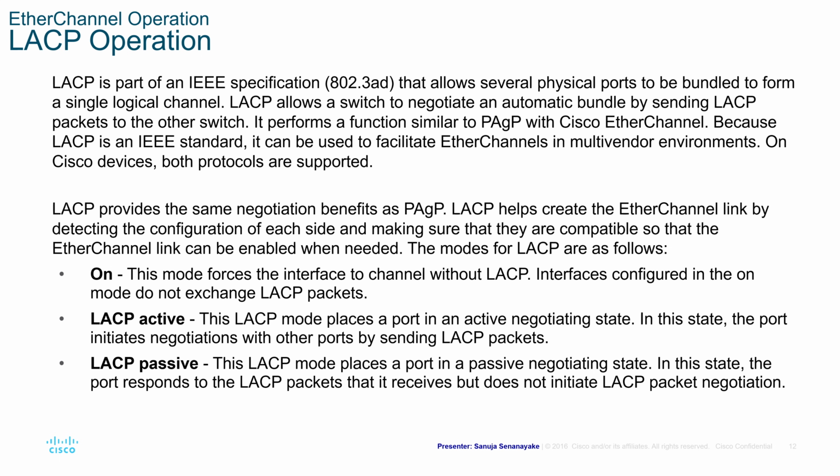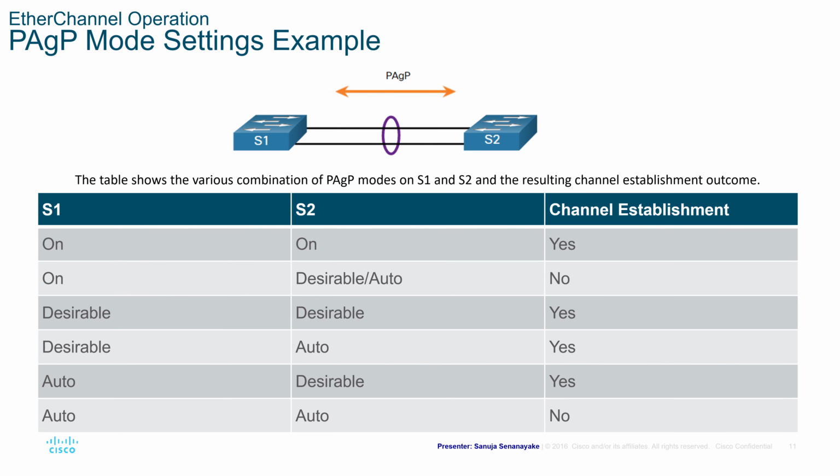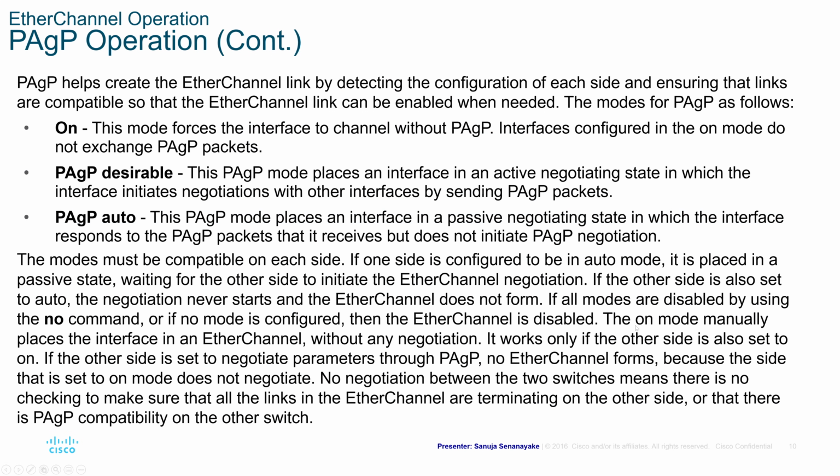The LACP passive mode, similar to the previous one, places the port in a passive negotiation state. In this state, the port responds to the LACP packets it receives but does not initiate LACP packet negotiation. If you look at PAgP, which we just discussed, we have on, PAgP desirable, and PAgP auto, right?